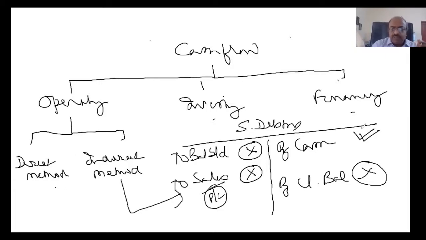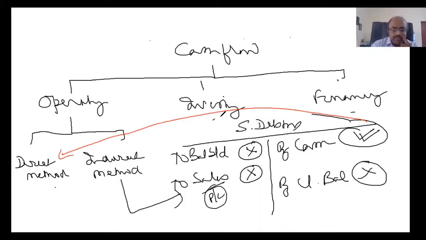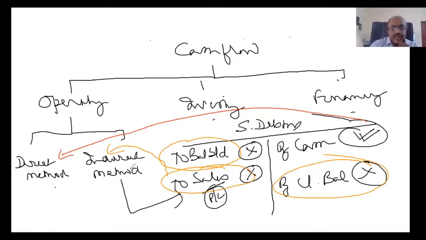Direct method means very simple: just take this. Indirect method means you have to take this, this, and this. All these three are in indirect. As far as investing is concerned, it is always the direct method. You don't have to think like that; it is only one method, there are no two methods for that. That means only the payments you have to take there. Financing is also the same, whichever account we are talking about.